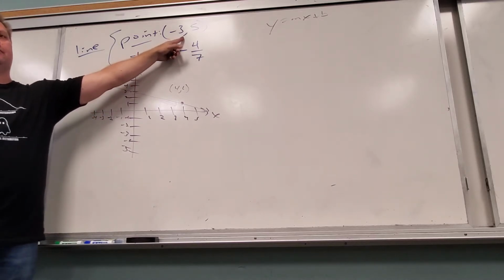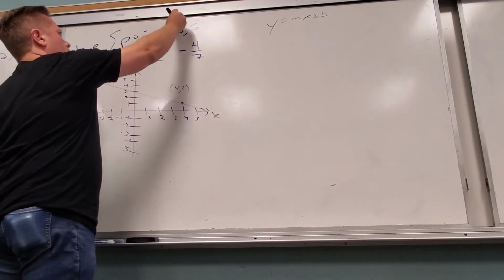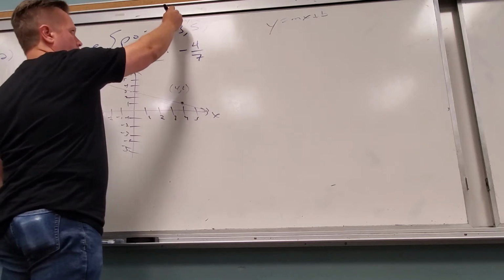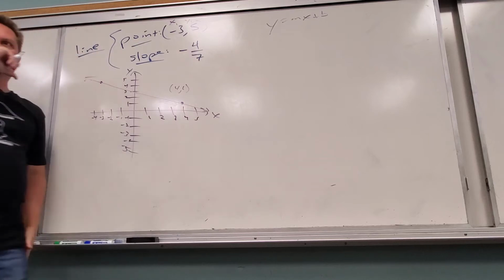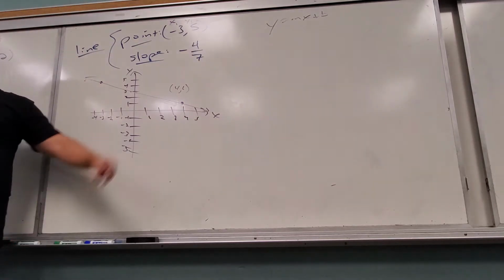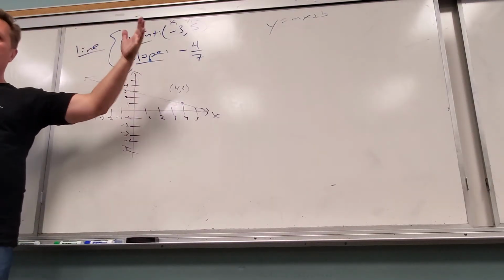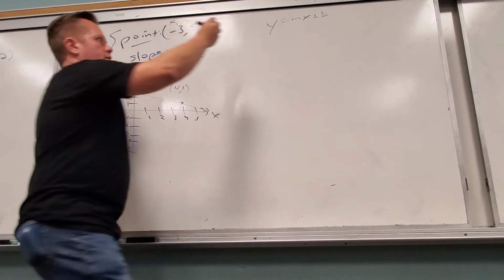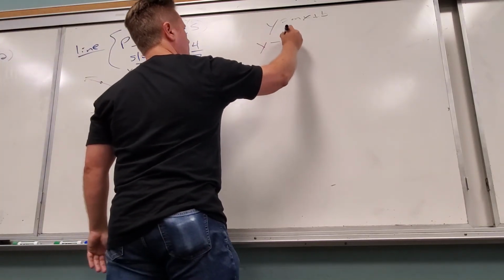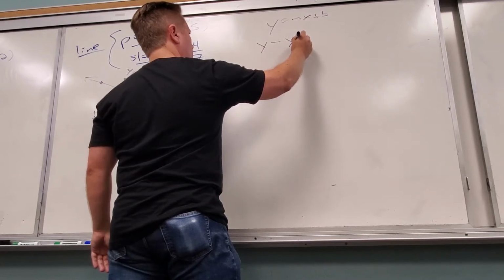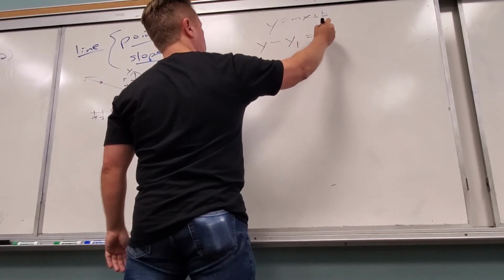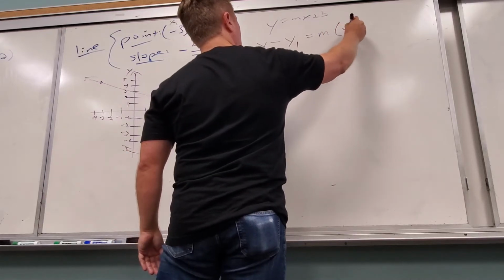No, I just have a point. What's the other equation that I can use that's more general, that works for any point? I'll start it off. y2 minus y1, no, wait, what was the other thing? y minus y1 equals m times x minus x1.